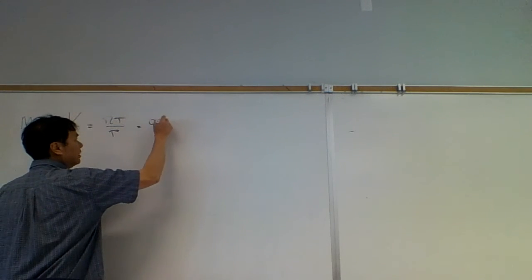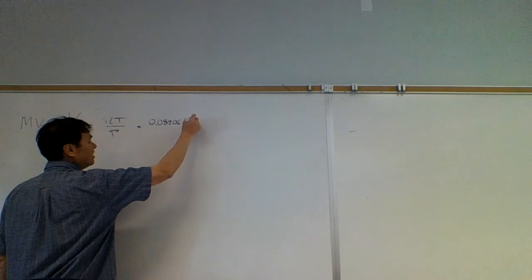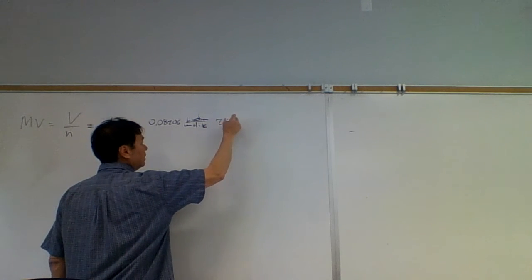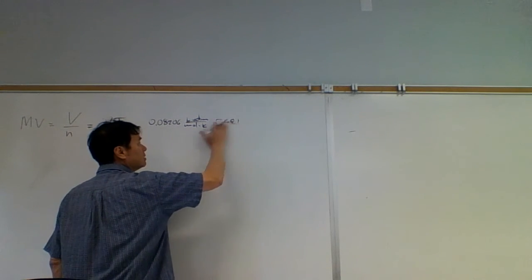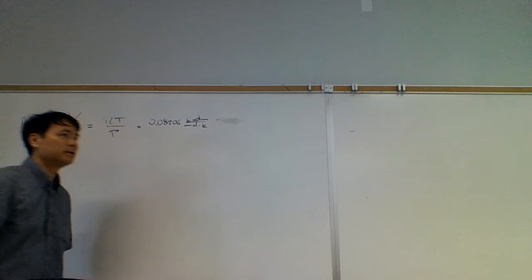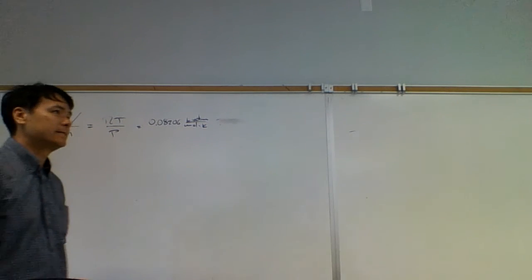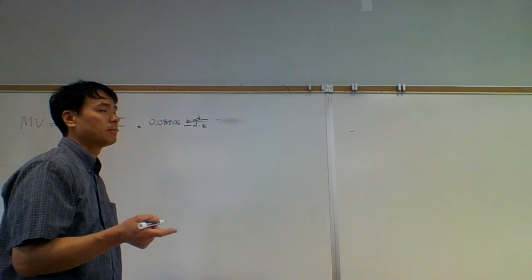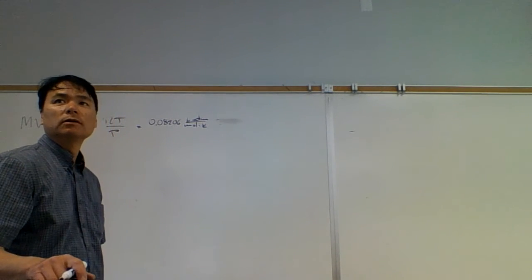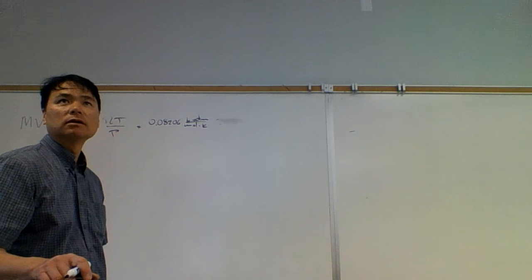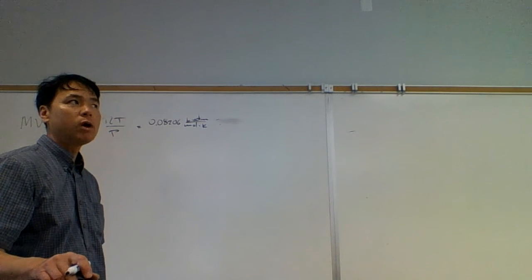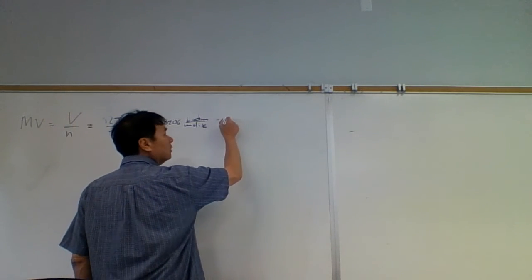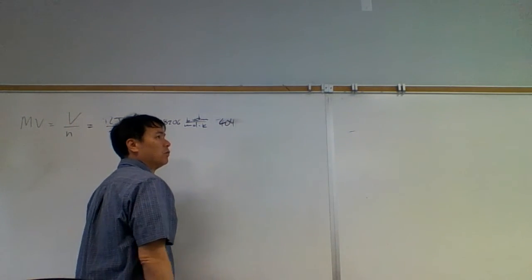R is 0.08206 liters times atmosphere per mole times Kelvin. T is 298. Oh, actually, this is not 298. I'm just in the habit. It's 131 degrees C, so 131 plus 273 makes 404.